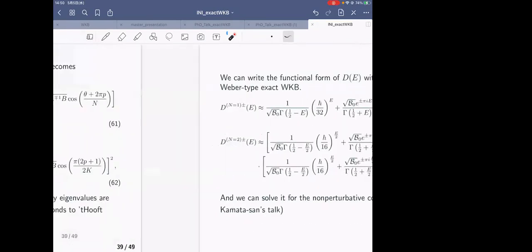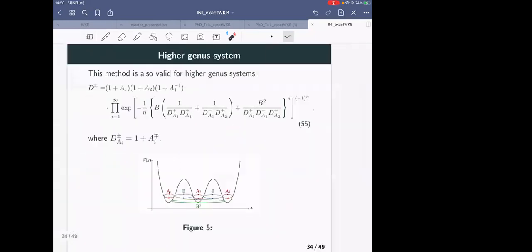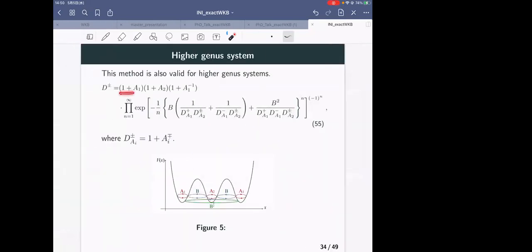When we go back to the triple-well potential, this is the result. These three terms are coming from the three vacua, and this quantity is coming from the non-perturbative contribution. And here the Maslov index actually becomes the intersection number of the Stokes graph.